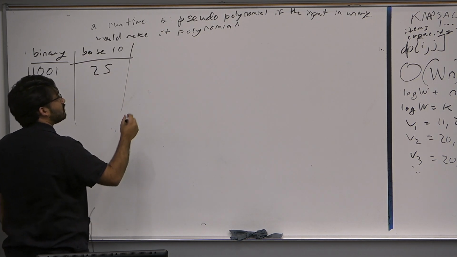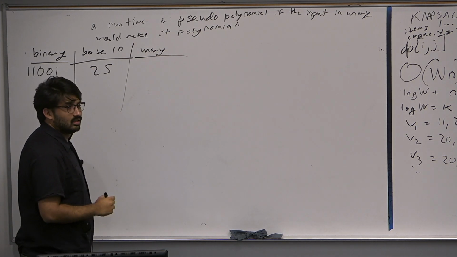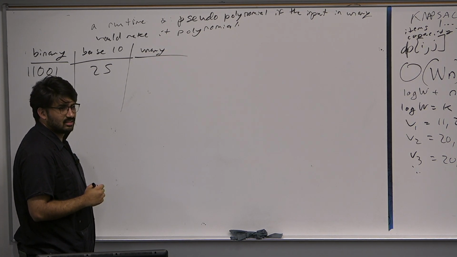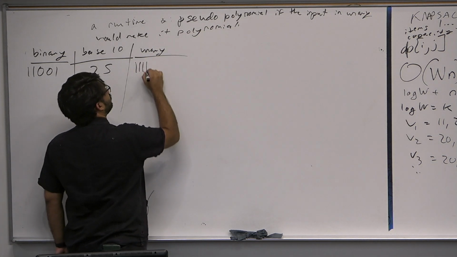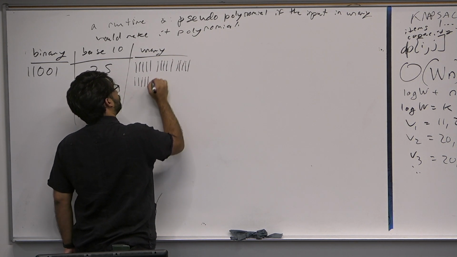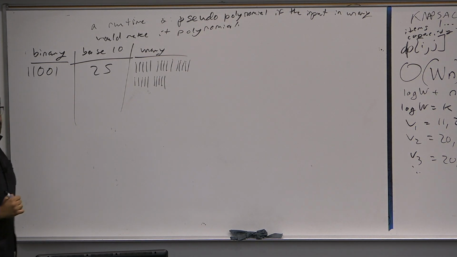Okay, what is 25 in base 1? Oh, 1, 1, 1, 1, 1, 1, 1, 1, 1, 1, and so on. That's 25 in base 1, unary, right?